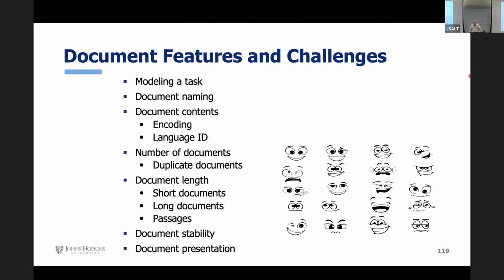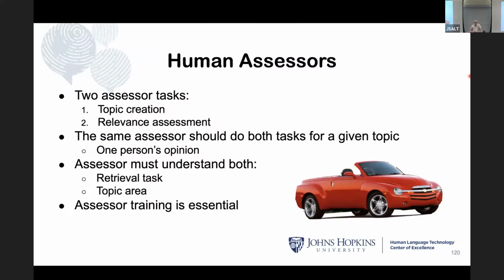Document stability. Do the documents stay the same over time, right? Like in a web engine, a web page might change a lot over time, right? So it's not a stable document. And if you want to have an evaluation collection that's a static collection, you're going to have to freeze that at some point. And document presentation, how you're going to actually show the document to the user. So there's a lot of challenges with documents.